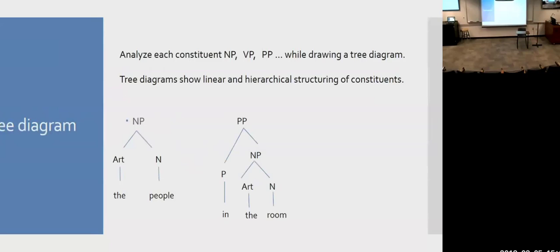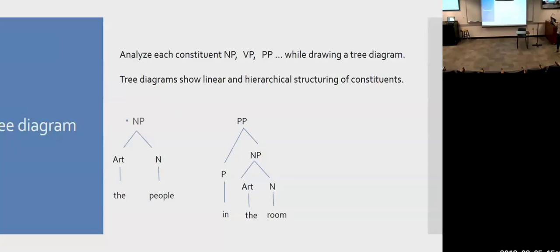Let us analyze these constituents using a tree diagram. Okay, remember, the tree diagram shows us not only the linear structuring of the constituents, most importantly, you can see here, we focus on the hierarchical structures now. Is that clear? That's the reason why we use a tree diagram, even for us to understand ambiguity, right?